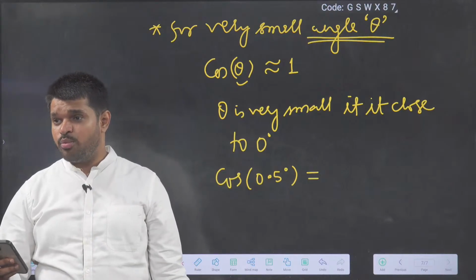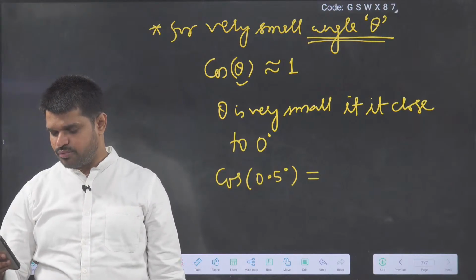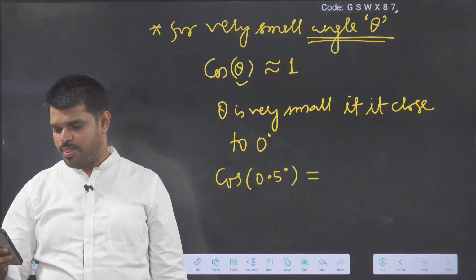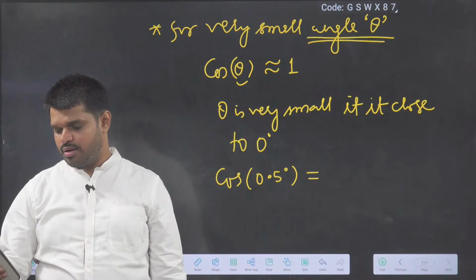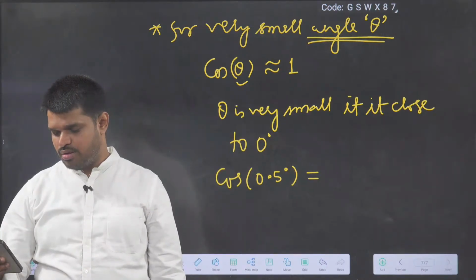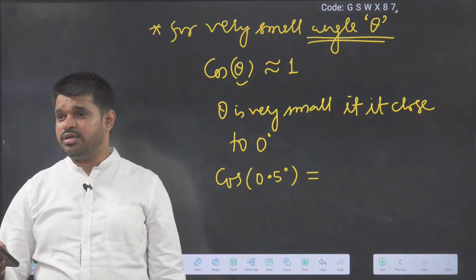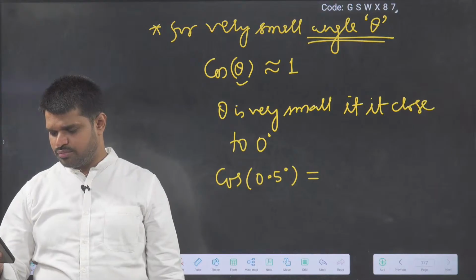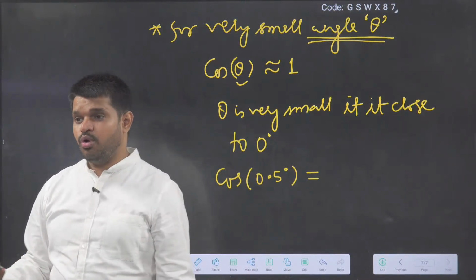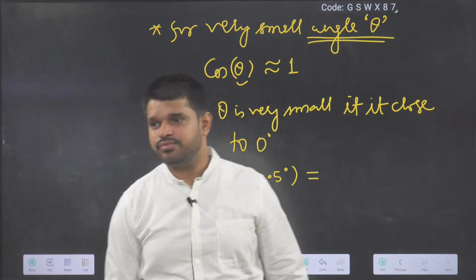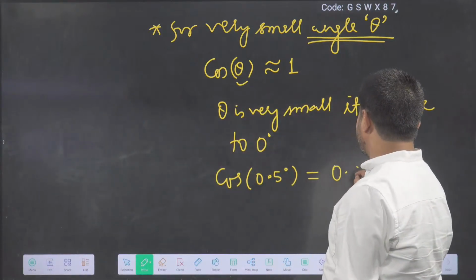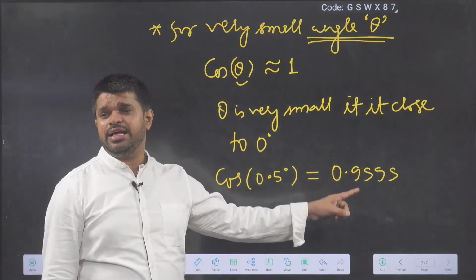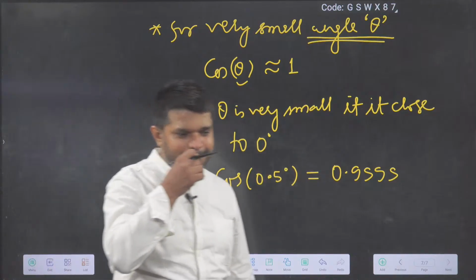How much are you getting? 0.9999. Okay, now tell me, 0.9999, is it very close to 1? Yes.